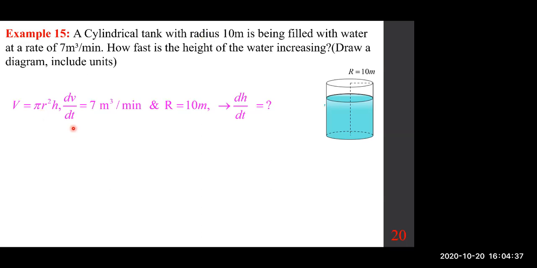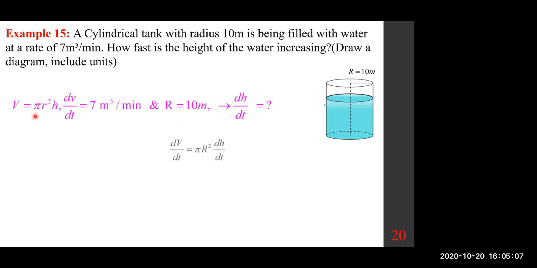So dV/dt, it's being filled. dV/dt is 7 cubic meters per minute. r is fixed at 10, and dh/dt is missing. Because r is not changing, you have to replace this, class. So r is fixed. I'm writing the formula in general. This r is the same one.